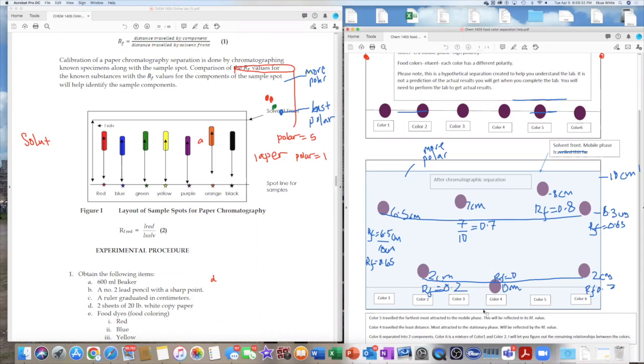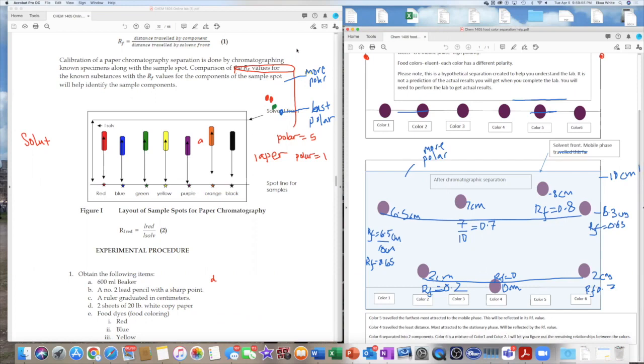It is most attracted to the stationary phase. This will be reflected in the RF value. The RF value is the least, correct? Color 6 separated into 2 components, as you can see right here. Color 6 is a mixture of color 1 and color 2. So yeah, I'll let you figure out the remaining relationship with the colors.